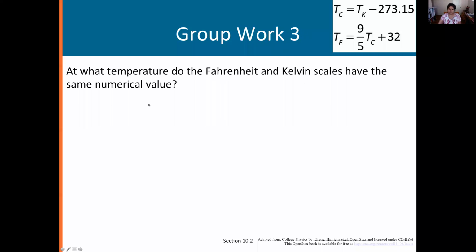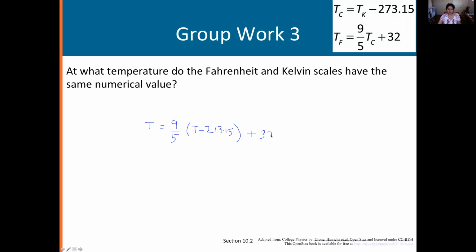Let me write that out for you. So we want the same value, some value T, let's say, equals 9 over 5. And instead of TC, I'm going to write it in Kelvin. Yeah, so this is my Fahrenheit one. And the Kelvin value also we want to be the same. Plus 32.